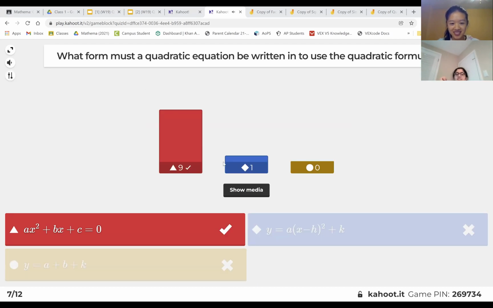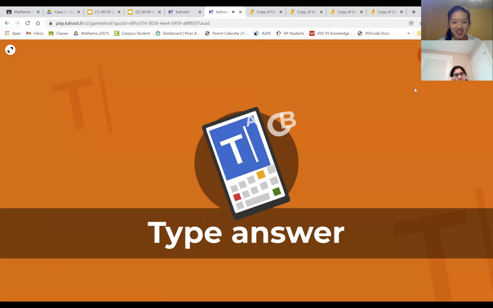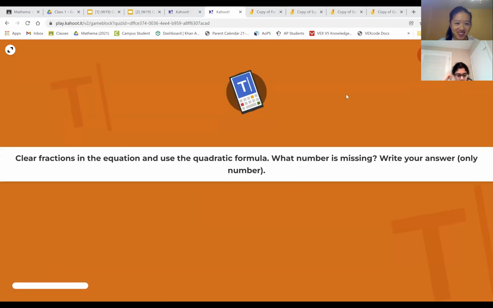I mean, you could use it in all of these forms, and then you could convert it. You could put all these forms in Desmos, and then you can just look at the x-intercepts easily. Yeah, but you're not using the quadratic formula then. You're telling something else to use a quadratic formula. There's no way Desmos does.